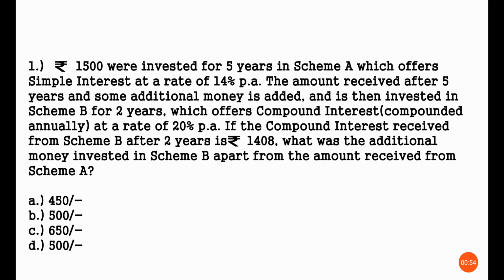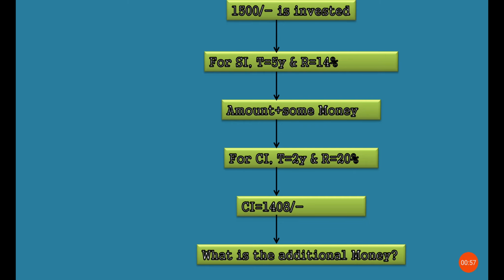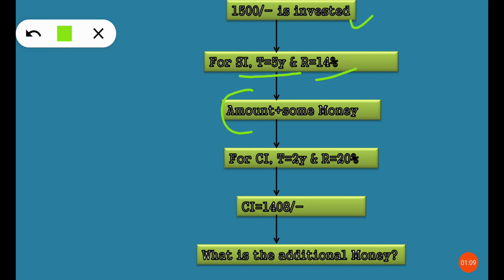This is the question. Let me explain this question with the help of a flowchart. A certain amount, some 1500 rupees, is invested in a company for simple interest at a time period of 5 years and rate is 14%. After 5 years, a certain amount is obtained. To this amount, some more money is added and that complete sum is again invested in another company for compound interest at a time period of 2 years and rate is 20%.